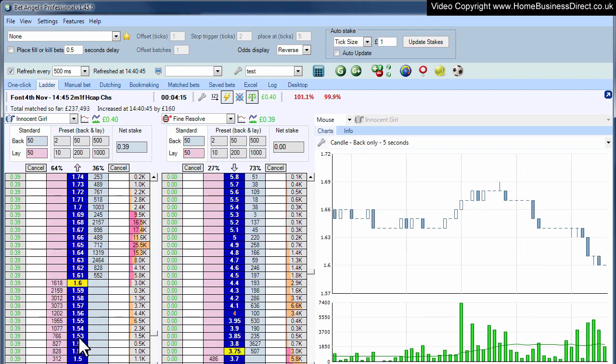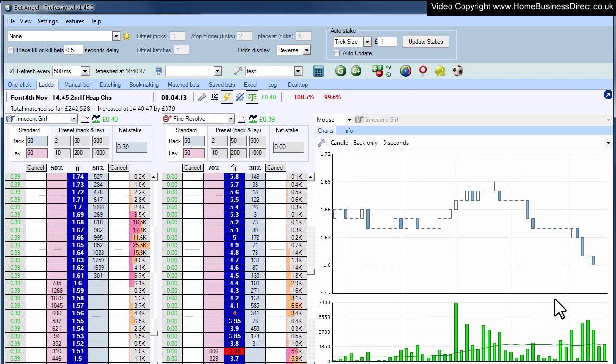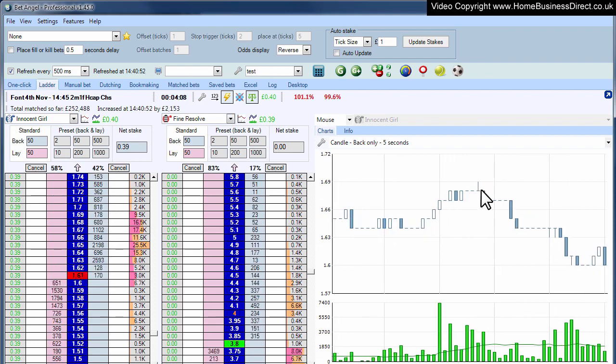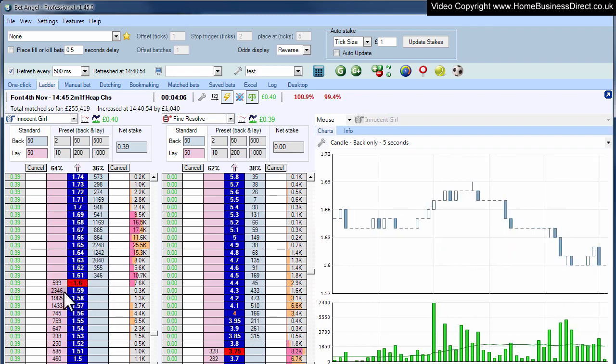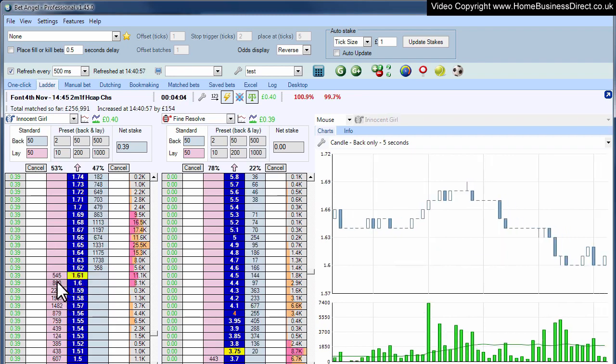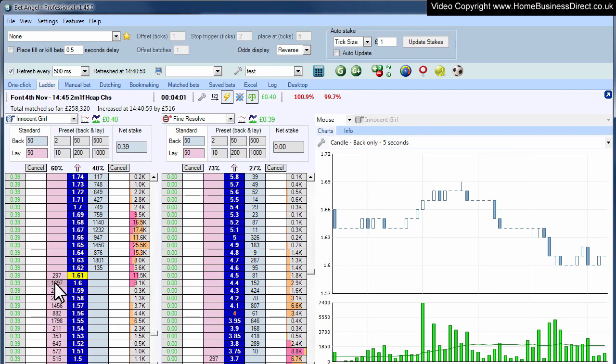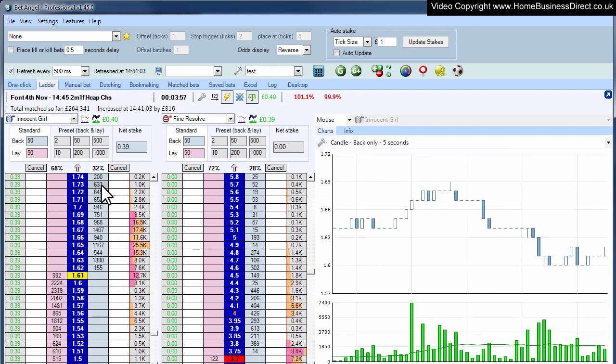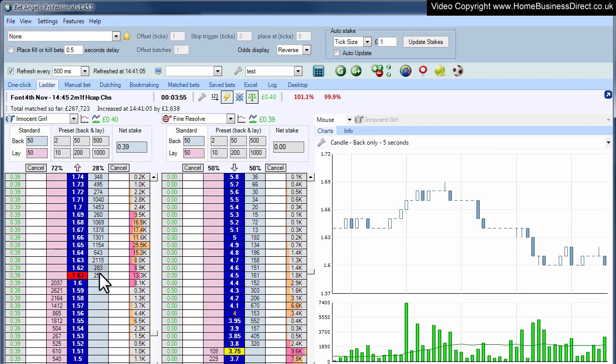So that's what I'm looking for, and the reason my trigger point was the price was dropping. It reached a point much higher than the static line, which is about here. So because the liquidity was dropping on the lay side, that told me that the price was coming down, because the bulk of the volume of money entering the market was on the back bet side.